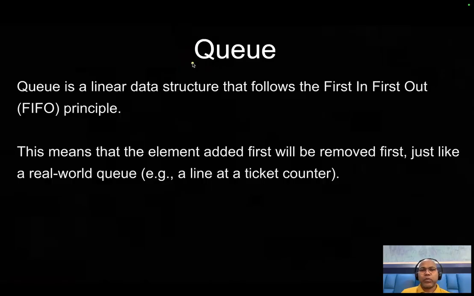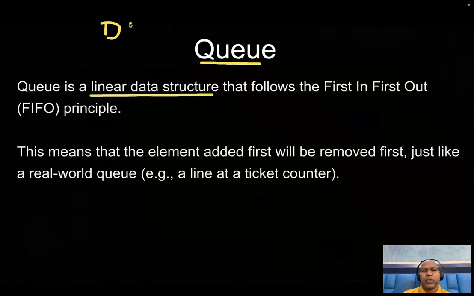So if you talk about the theory, what is the queue? Queue is a linear data structure. What do you mean by linear? Generally, there are two types of data structures: they can be linear and can be non-linear.